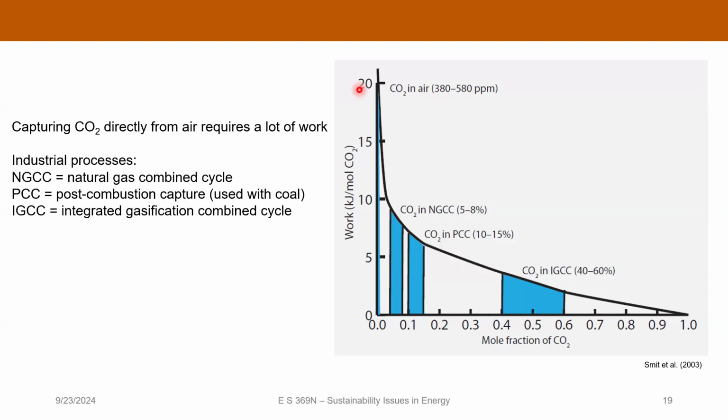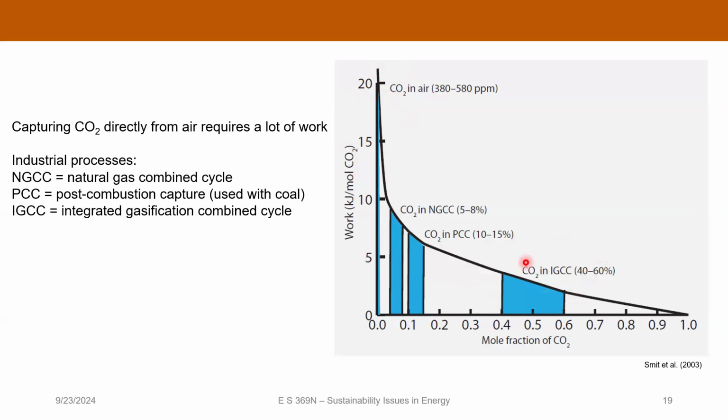Now, there are some ways around this, right? You can probably settle for not doing complete removal of the CO2 in the incoming stream and stuff like that, okay? And that will reduce the amount of work you do, but it also reduces the efficiency of your system. And so there's a lot of work being done right now on process optimization and material design, that sort of thing, to try to make this end of the carbon capture energy spectrum work better.